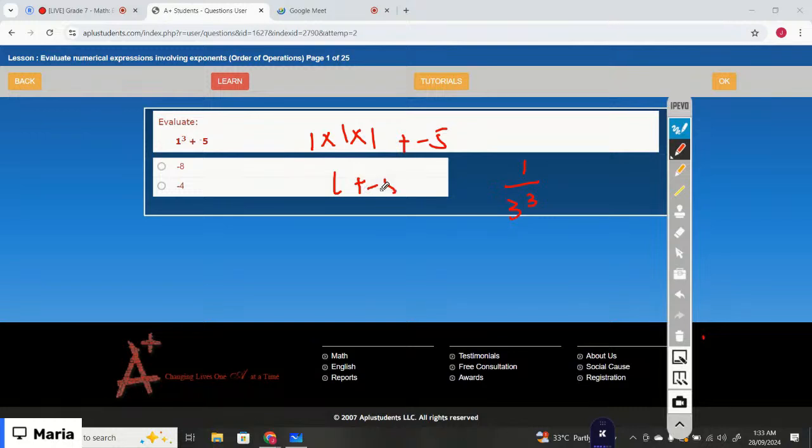And adding a negative integer is subtracting, so that is 1 minus 5. And 1 minus 5 is negative 4.